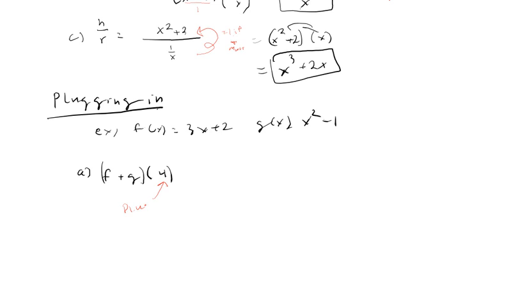You add the equations just like regular, but everywhere you see an x in the equations, you plug in the 4. This 4 is not a multiply; it means you're plugging it in. Take the 4, and it gets plugged into g, plugged into f. Plug in.